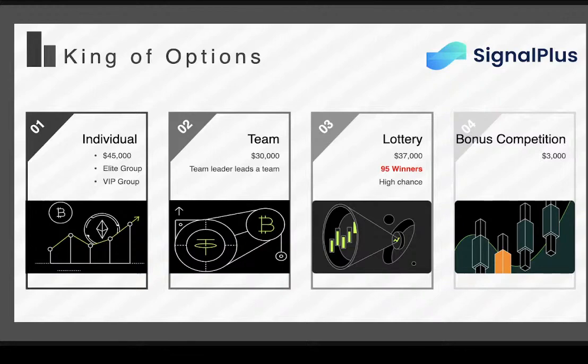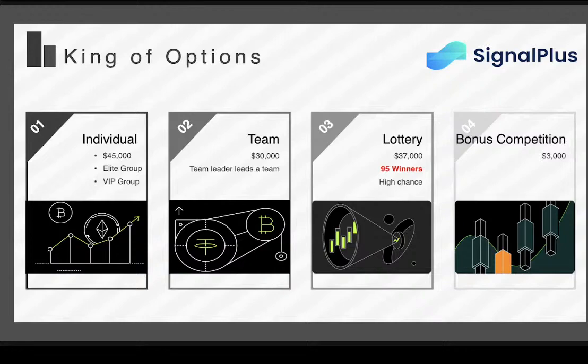For the individual competition, there is a prize pool of up to 45K to be shared. And there are actually two groups in this individual competition. For the VIP group, the number 1 guy, the winner, can earn up to $5,000, while the elite group can earn up to 10,000 USDT.